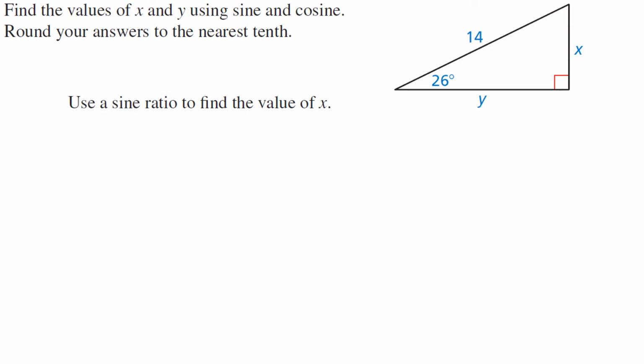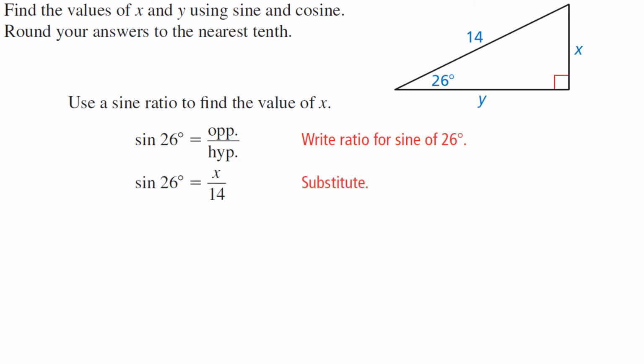Okay, so we use sine because sine is opposite over hypotenuse. So the sine of 26 degrees will be x over 14. Let's multiply each side by 14. That gets x isolated.